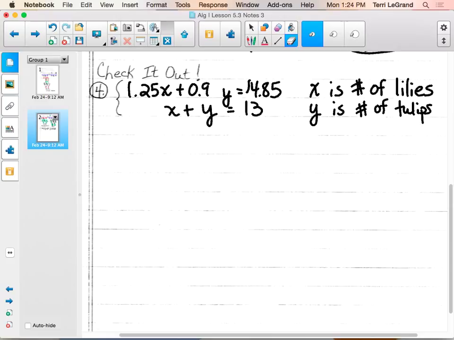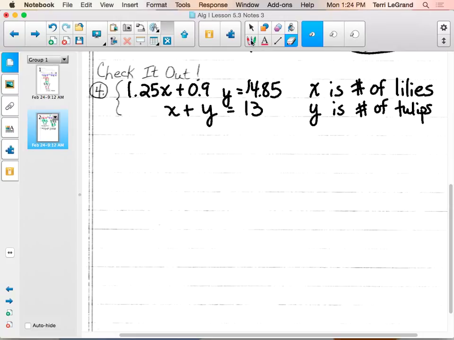Isaiah? Multiply by 10? Would 10 eliminate all of the decimals? Probably not. We'd have to multiply by 100. Yeah. Sometimes some of them are out to tenths, some of them are out to hundredths, and others might be out to thousandths. You want to get rid of the decimals, so you're going to have to multiply by enough to get rid of them all.